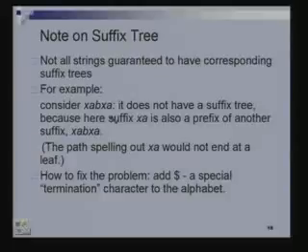Now what is going to happen? I have one suffix which is XA and another suffix which is XAB XA. This suffix XA is a prefix of the other suffix.